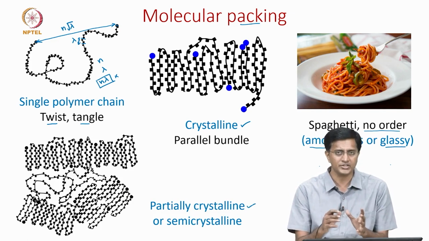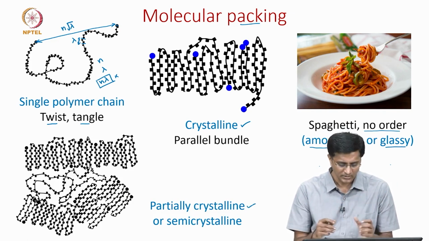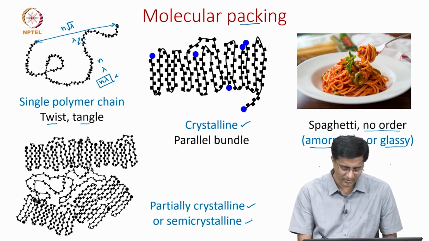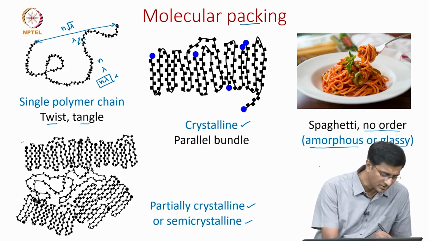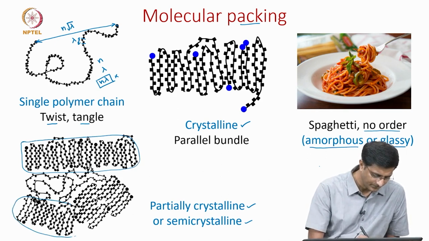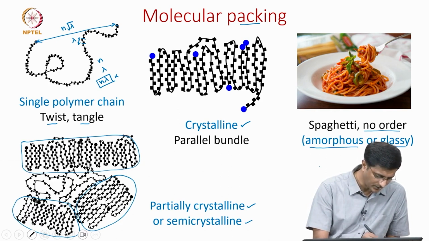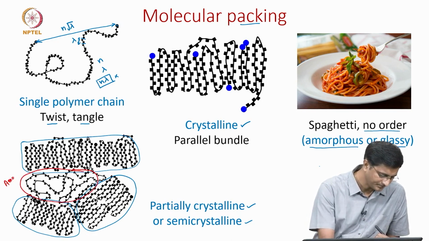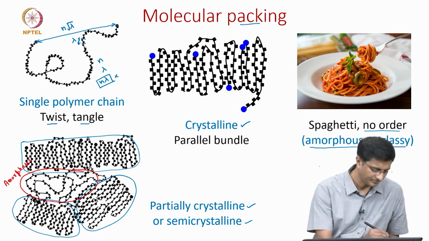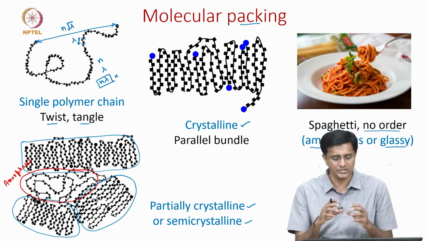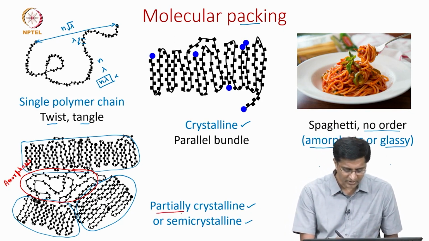None of them are completely crystalline because that only happens in metals, but in polymers some of them we call either partially crystalline or semi crystalline, because we have some regions like these which are crystalline, but again there are some regions like for example here where things are amorphous.